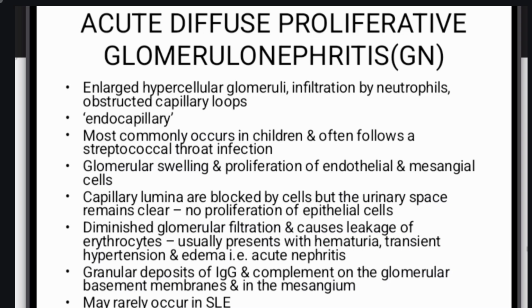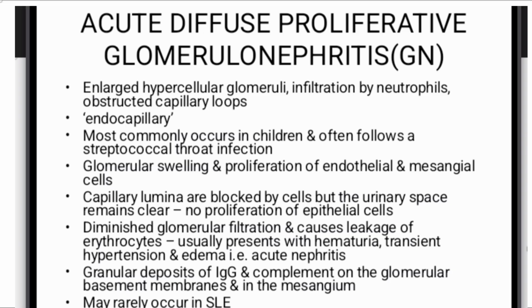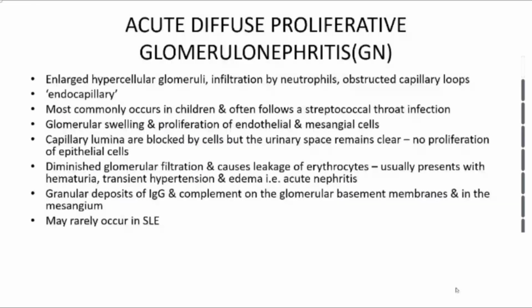The lumina of the capillaries will be blocked by cells because of the proliferation of those cells, so the lumen tends to be narrow and even blocked. But the urinary space, the glomerular space after filtration, will still be clear because there is no proliferation of epithelial cells within it.